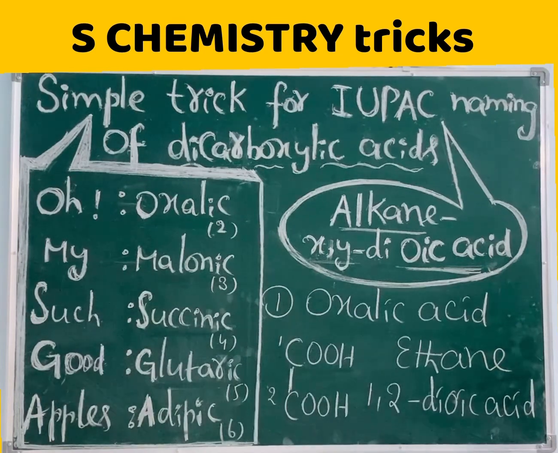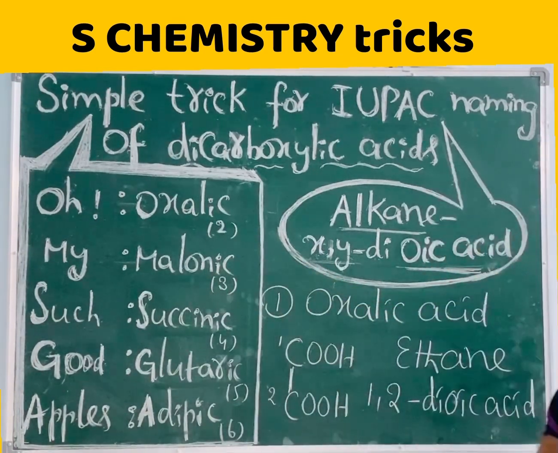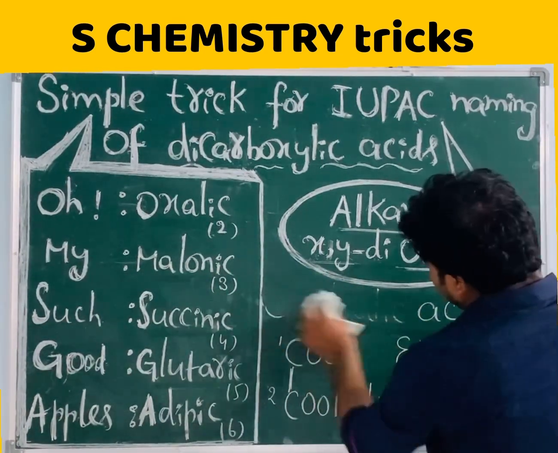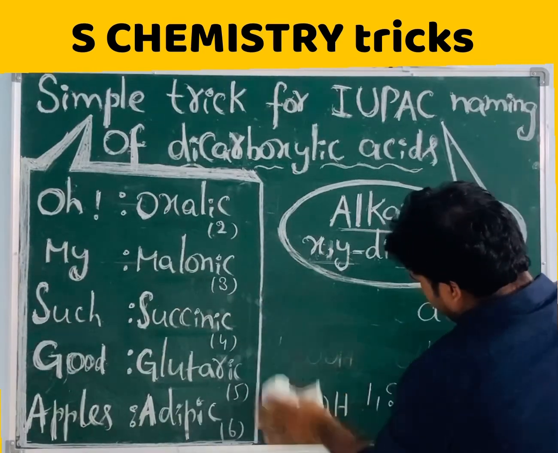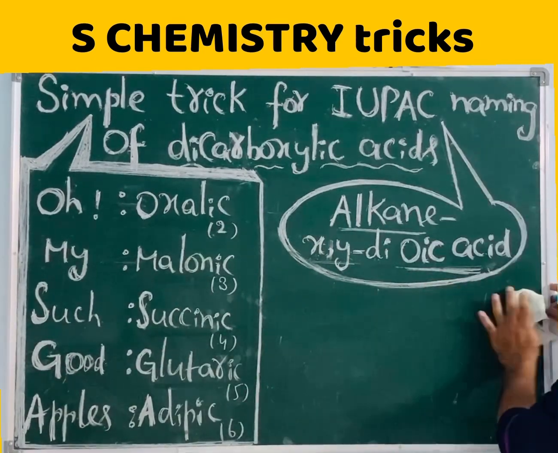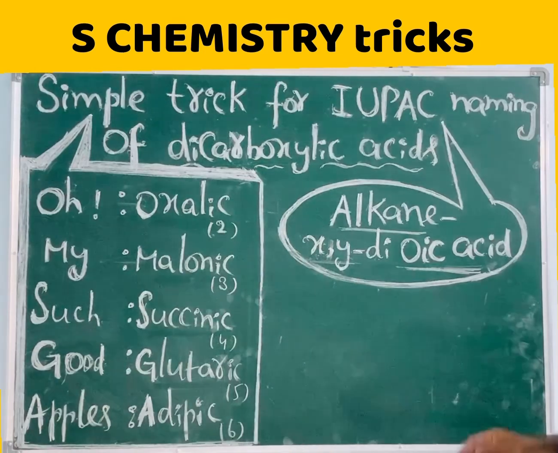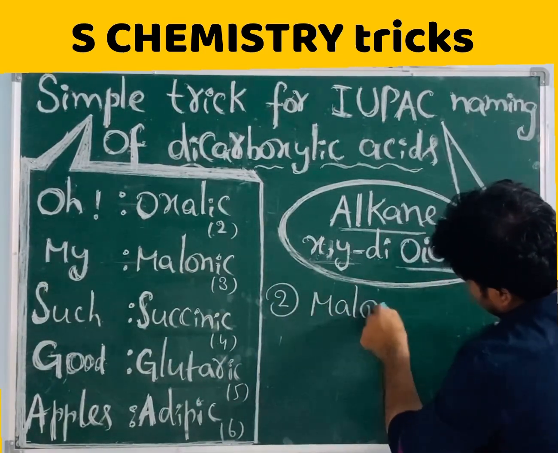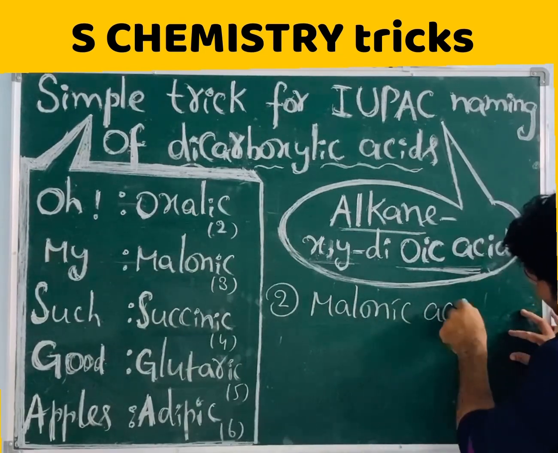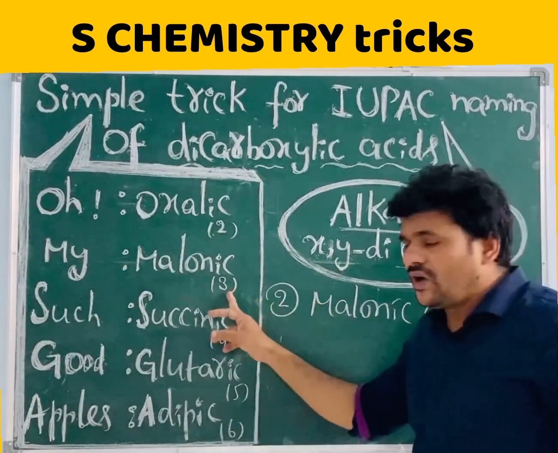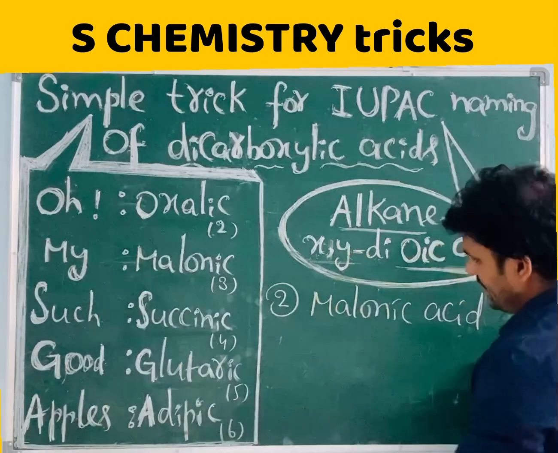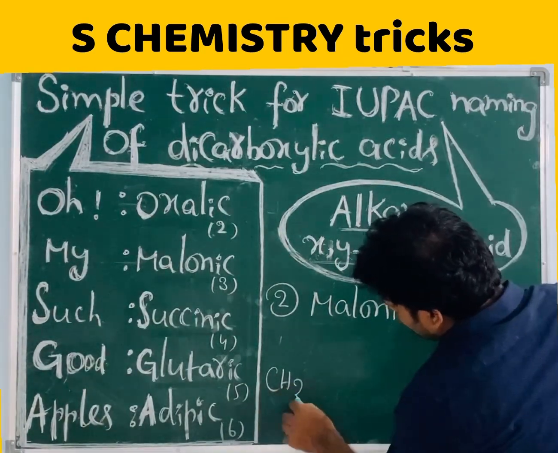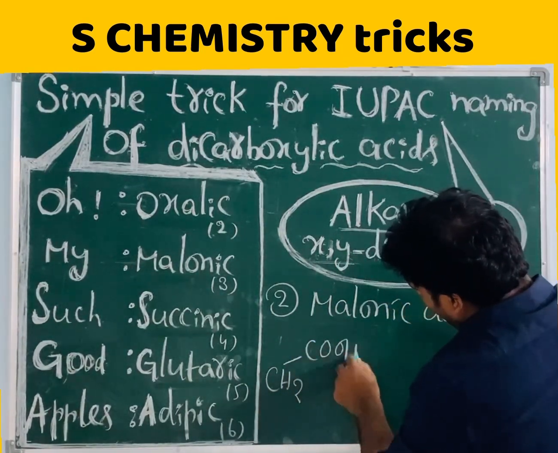Now students, the second example, malonic acid. Malonic acid is a 3-carbon dicarboxylic acid. The structure is like this: COOH, CH2, COOH.